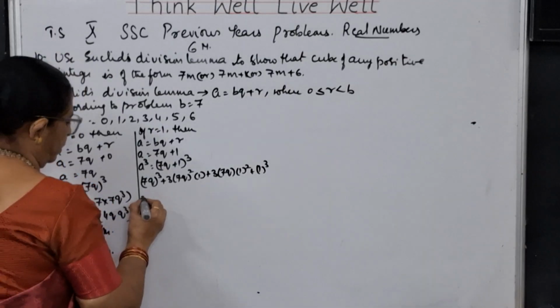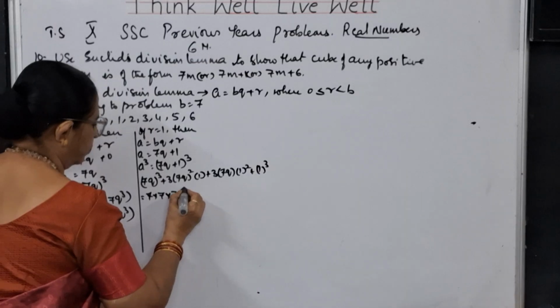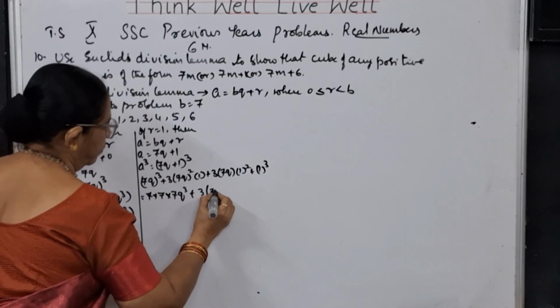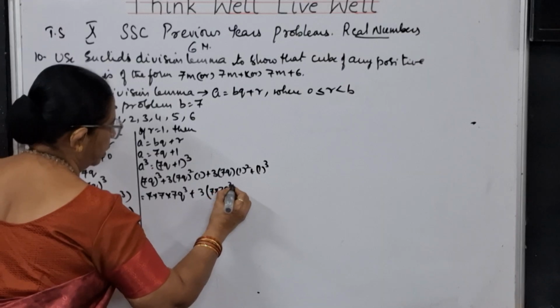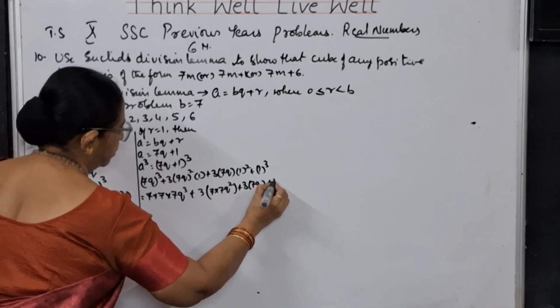So, this is 7 into 7 into 7 q cube plus 3 into 7 into 7 q square plus 3 into 7q plus 1.